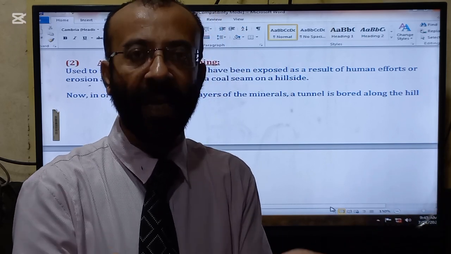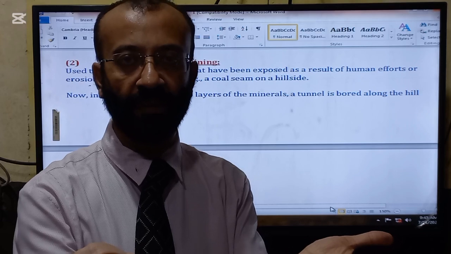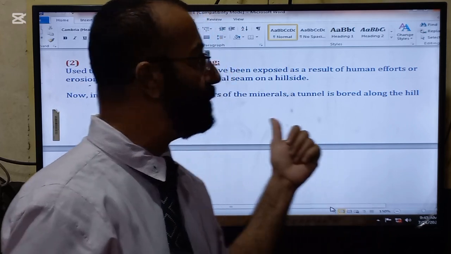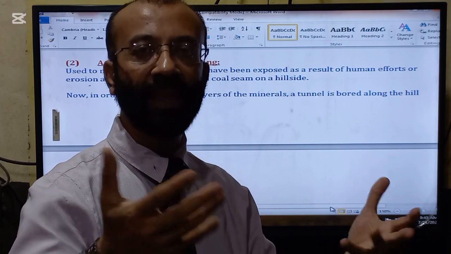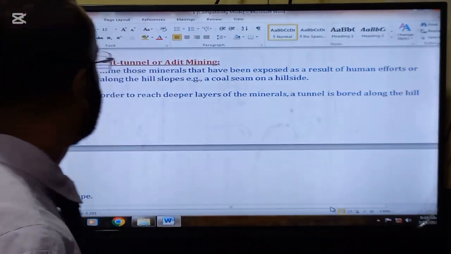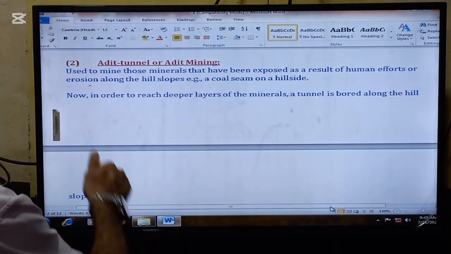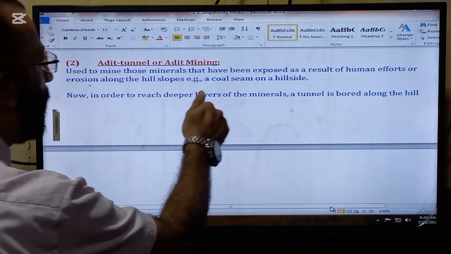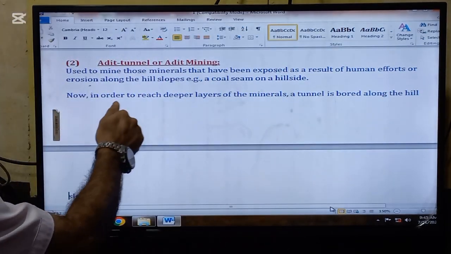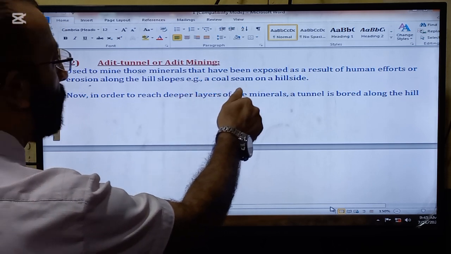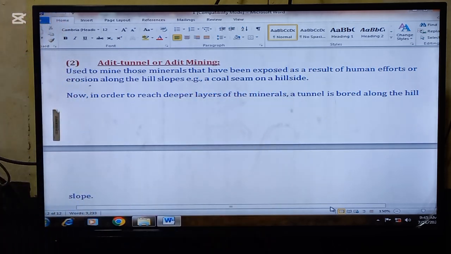So some minerals are exposed to the surface of the earth. So this method is used in excavating these kind of the minerals. It is used to mine those minerals that have been exposed as a result of the human efforts or erosion along the hill slopes. For example, coal seam on hillside.